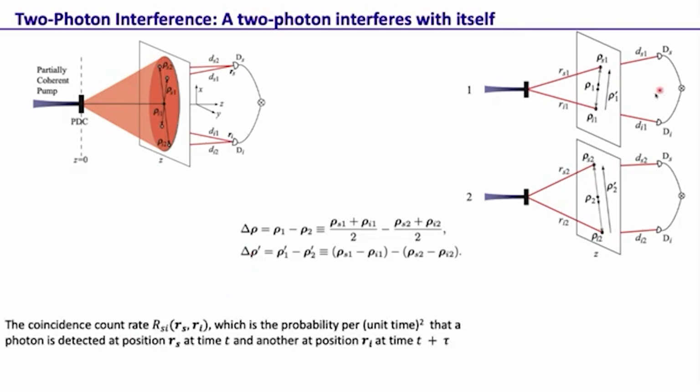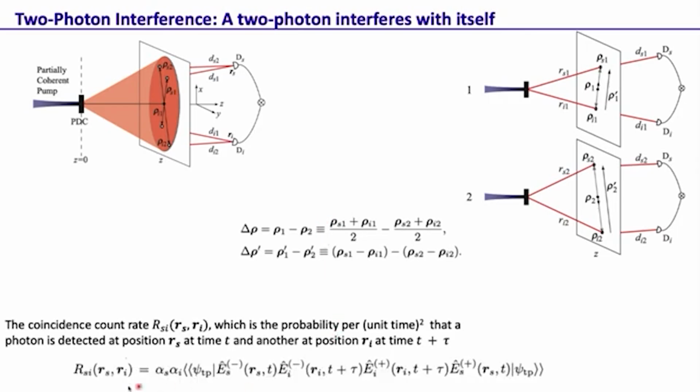Okay, now the coincidence count rate that we will see at these detectors is essentially the probability per unit time squared that a photon is detected at position Rs at time t, and another photon at position Ri at time t plus tau. We have seen that this is given by this expression, where this is the two-photon state. These are the detection efficiencies of the 2 detectors, and here we have these 4 field operators: Es minus, Ei minus, Ei plus, Es plus.